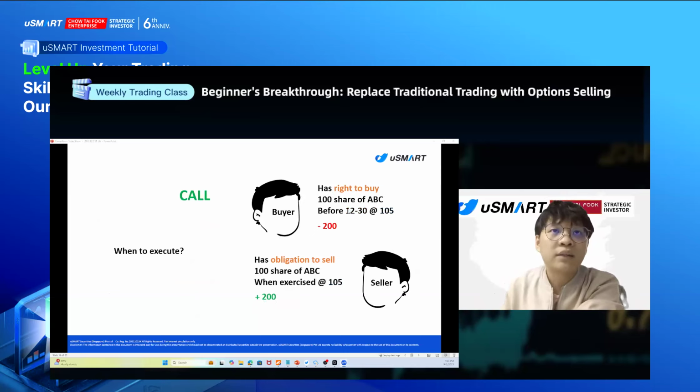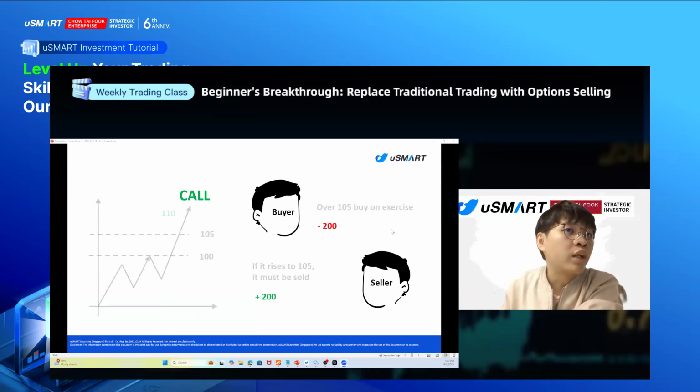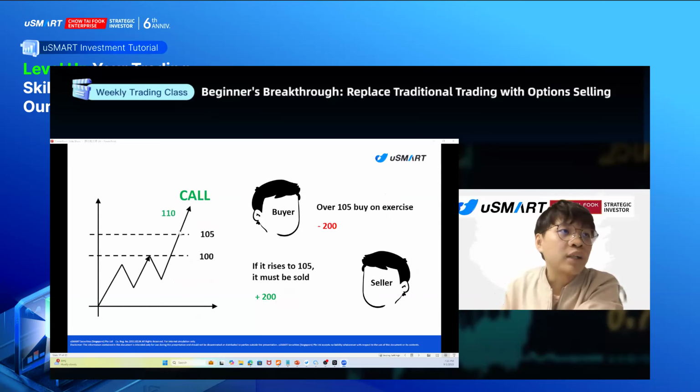The strike price is 105. So whenever the price is higher than 105 in the future, the buyer can exercise the call option and buy at 105 from the seller, and then sell immediately to the market to earn the $5 difference.